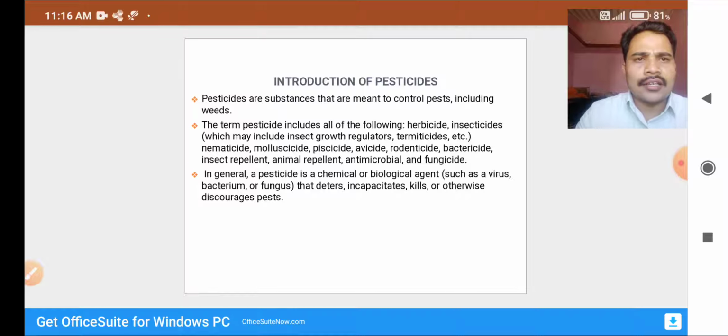In general, a pesticide is a chemical or biological agent, such as a virus, bacterium, or fungus, that deters, incapacitates, kills, or otherwise discourages pests.